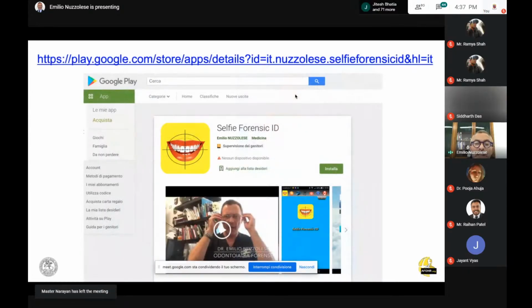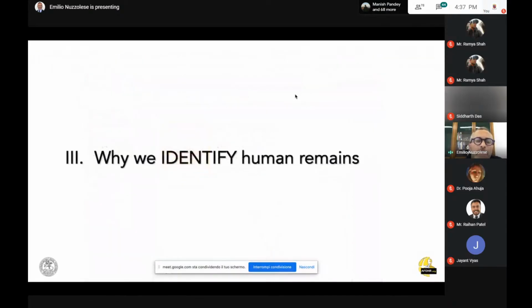We even developed an app some years ago, called Selfie Forensic ID, which is a free app you can download, where the goal is simply to take selfie pictures of the front teeth, and these selfie pictures will have your name, your surname, and your nationality. And eventually, this will be available as an image in the search engines, in the search of a name and surname.